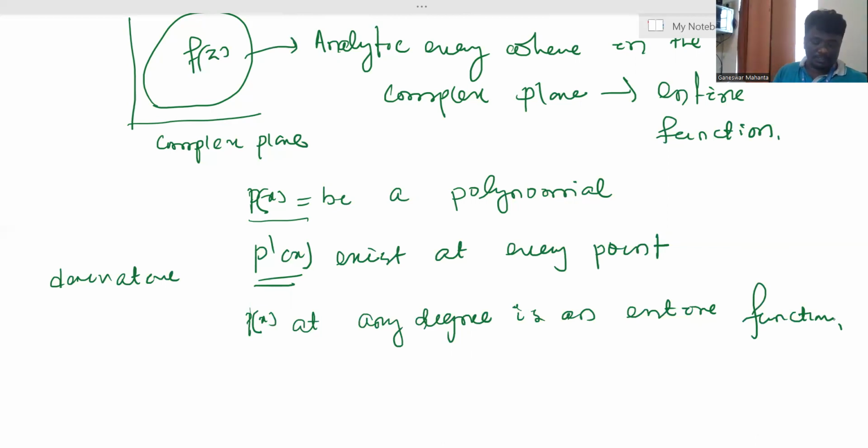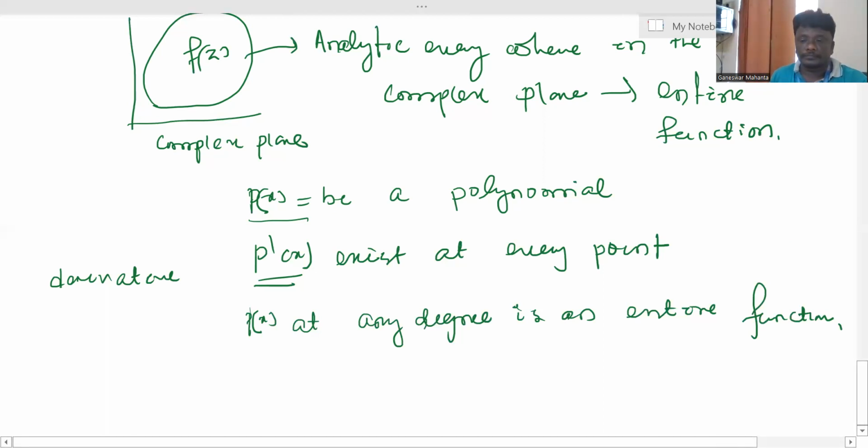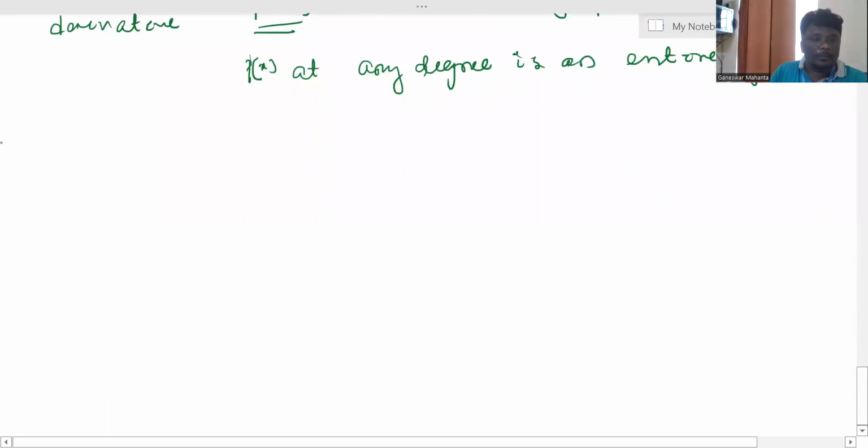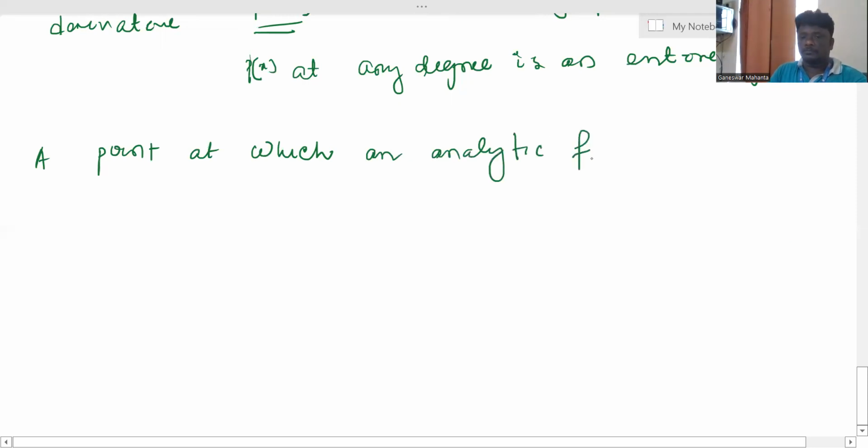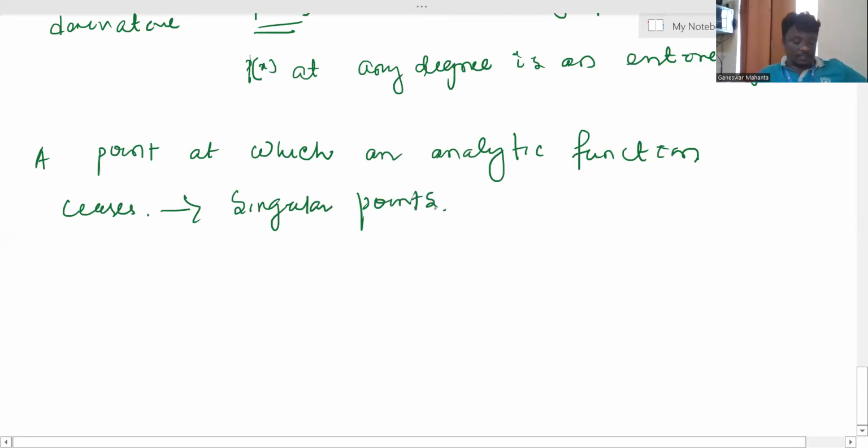A point at which the analytic function ceases to exist is called the singular point. This is the concept of the singular point.